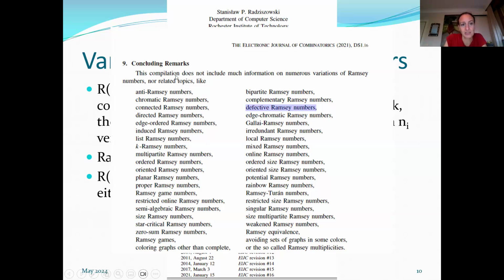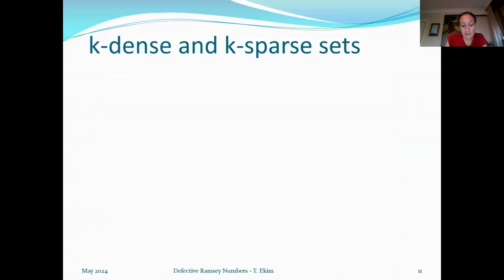So this compilation does not include much information on these variations, including defective Ramsey numbers. So it's a relatively new variation, which is already in this survey. So I'm happy for this because I like this problem. Okay, let's move on with defective Ramsey numbers then.